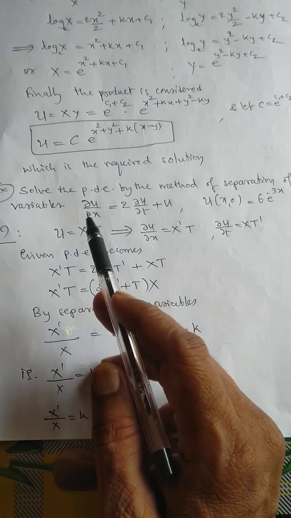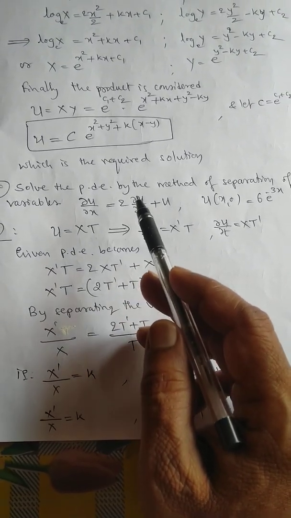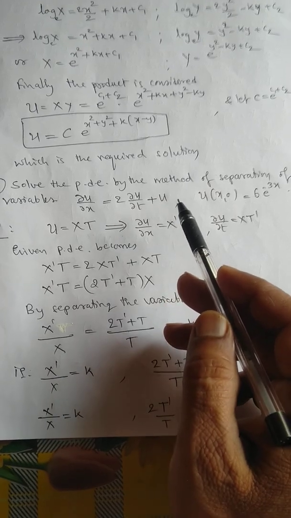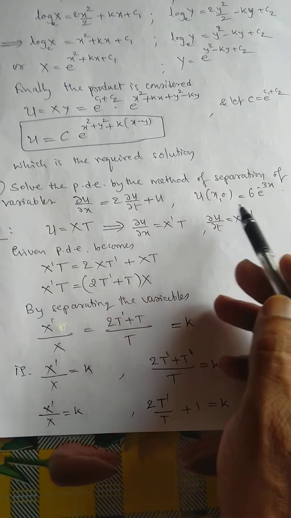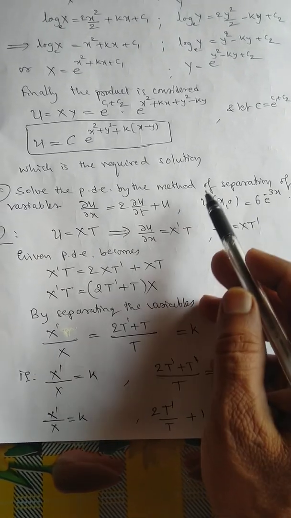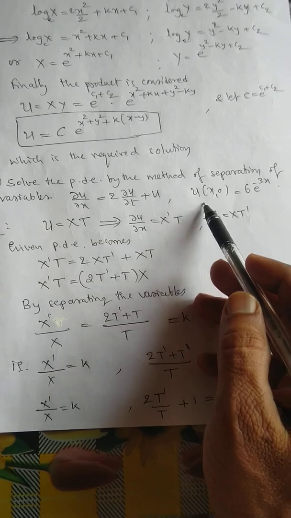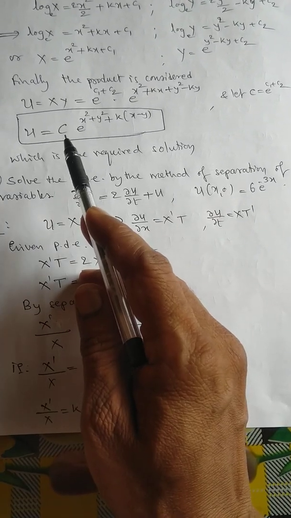In the second problem, the partial differential equation is dou u by dou x equal to 2 into dou u by dou t plus u, subject to the condition u(x, 0) is equal to 6 e raised to minus 3x. This condition is used to calculate the arbitrary constants, like c in the previous differential equation.